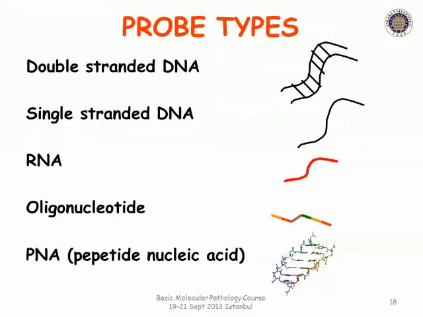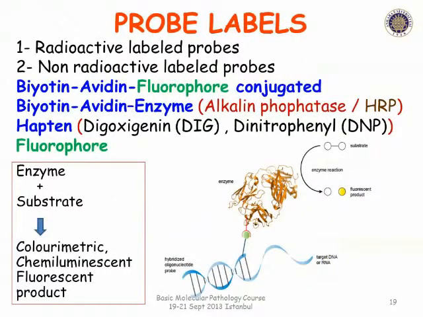So probes are important for in situ hybridization, and there are several types of probes. They could be double-stranded, single-stranded. They could be DNA probes or RNA probes, oligonucleotide probes, and peptide nucleic acid probes, which are more stable and handy for different hybridizations.